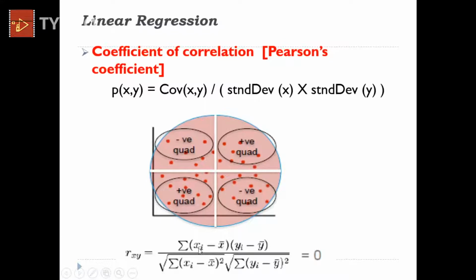So what we do here is we calculate the difference. Suppose for this data point, I want to calculate this difference between actual and mean value. So it would be calculated by xi minus x bar, and yi minus y bar.